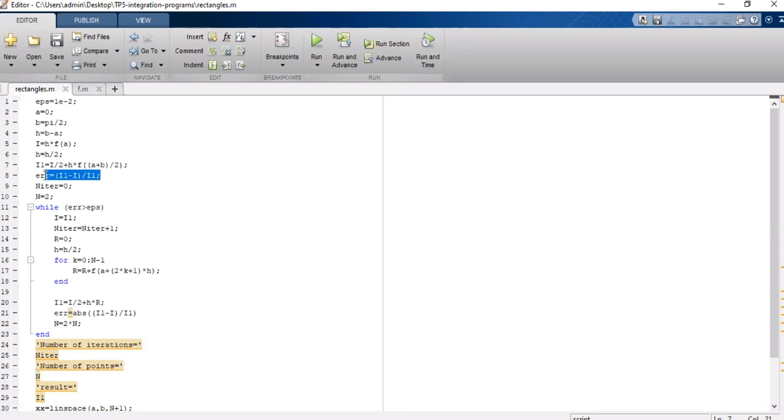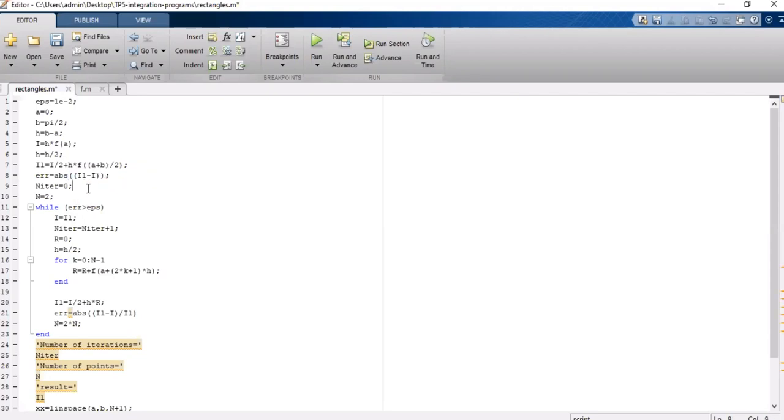This is the error, defined in absolute value, I1 minus I over I1. This is called relative precision. We can also define the absolute precision, that is I1 minus I, so I must take abs of I1 minus I.